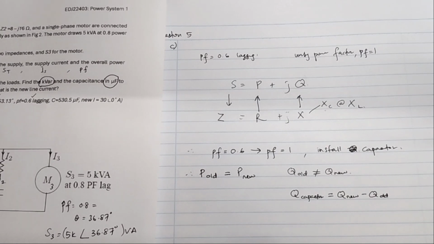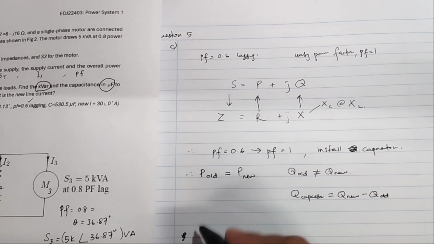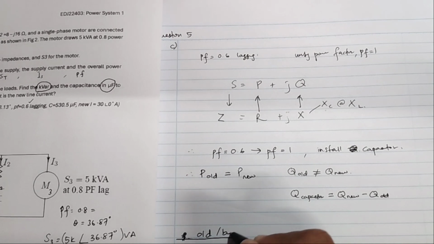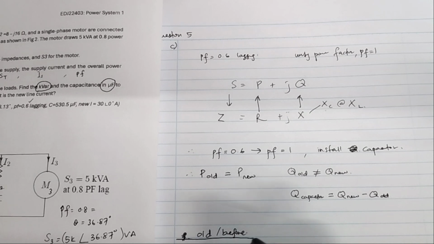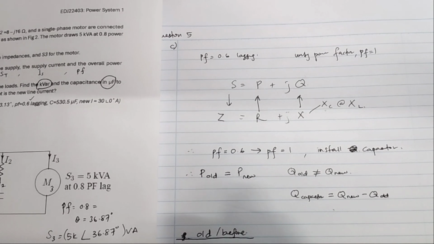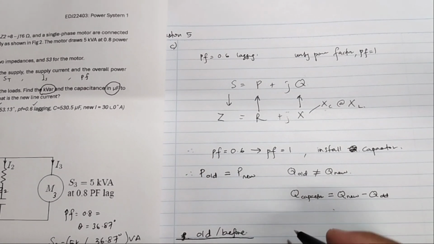Okay, so kita try balik. So, power factor yang baru apa? This one maklumat untuk old dulu. Maksudnya before lah. Old ataupun before, before improve. Power factor 0.6 lagging. S berapa tadi? S total tadi in previous.